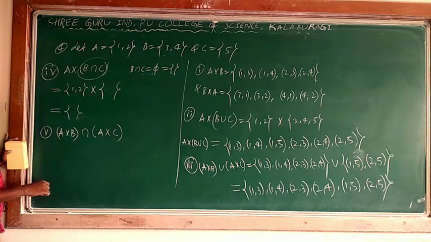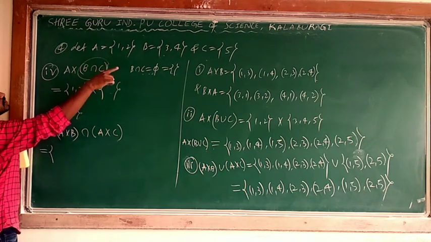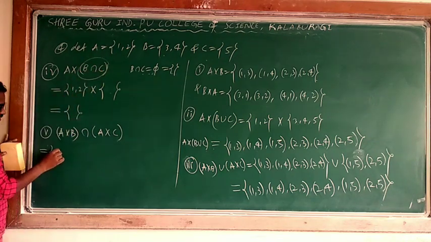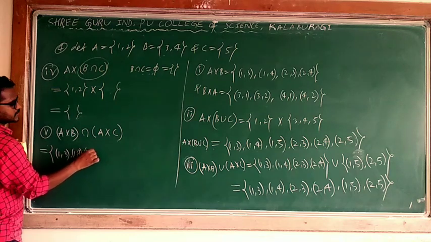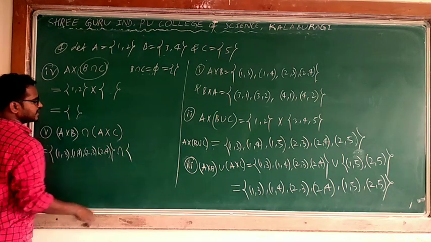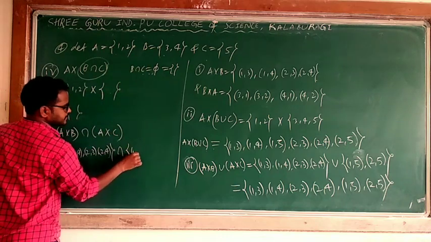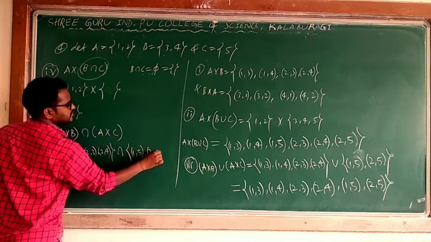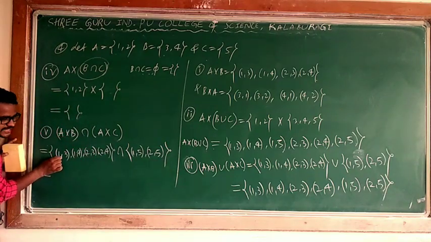Like the fifth one, it is asking for (A cross B) intersection (A cross C). What is A cross B? A cross B is 1 comma 3, 1 comma 4, 2 comma 3, 2 comma 4. A cross C is 1 comma 5, 2 comma 5. Listen to me now: this is one set and this is another set.